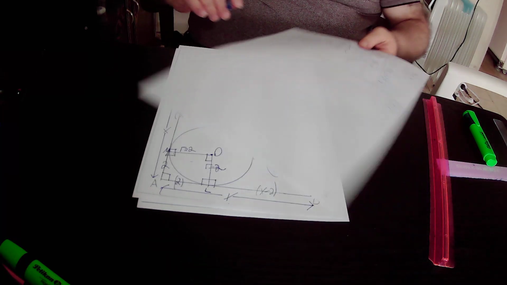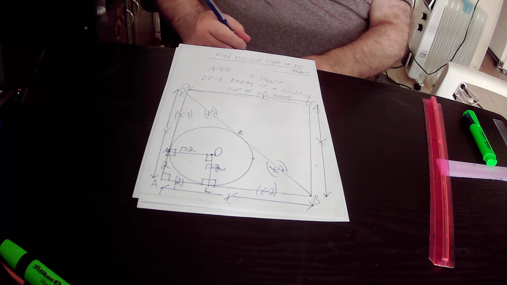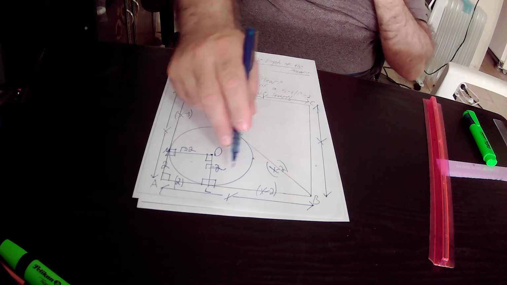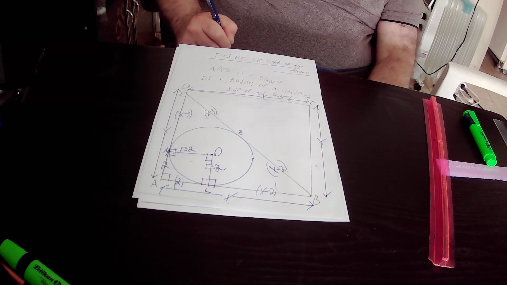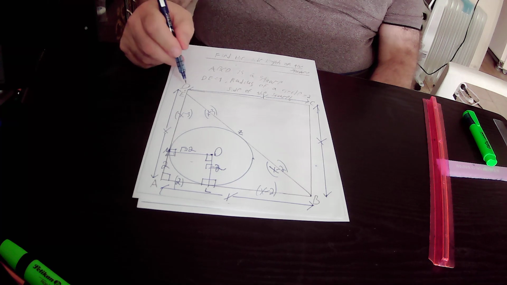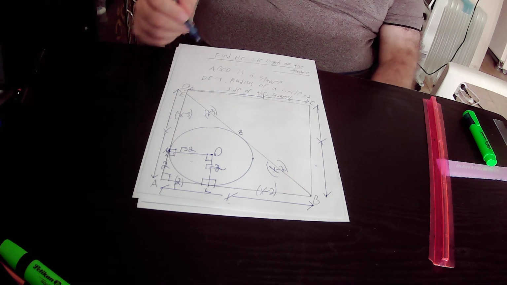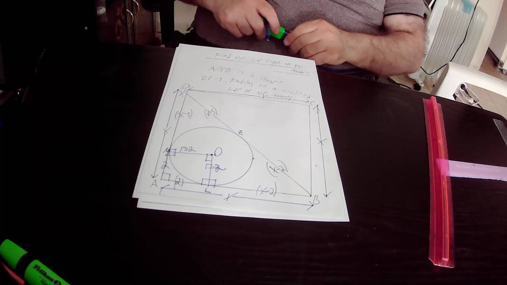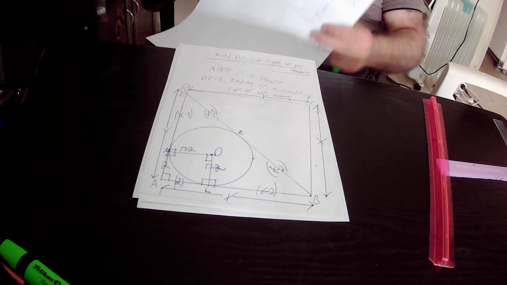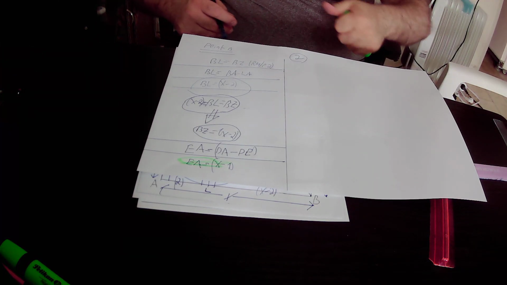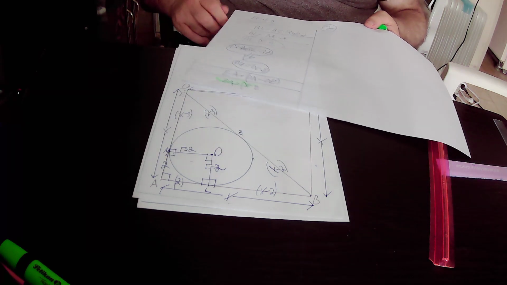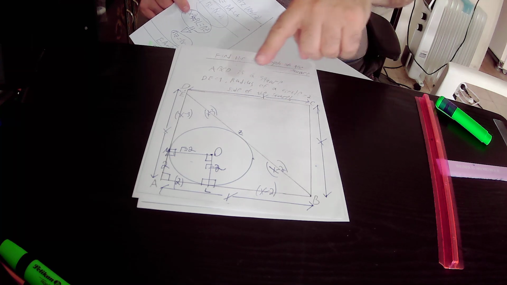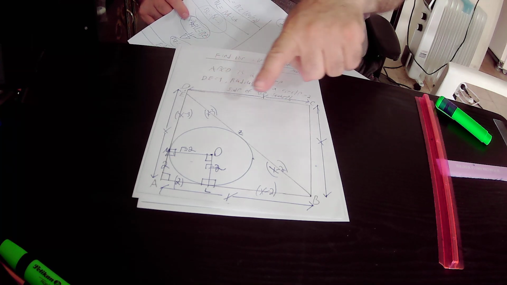So EA equals DA minus DE. DA equals x according to our definition, and DE equals 1 unit according to what is given in the question. So in conclusion, the length of line segment EA is equal to x minus 1 unit. In the next step, I'll copy the right triangle EAB in this new pattern. We will implement the Pythagoras theorem on the right triangle EAB.